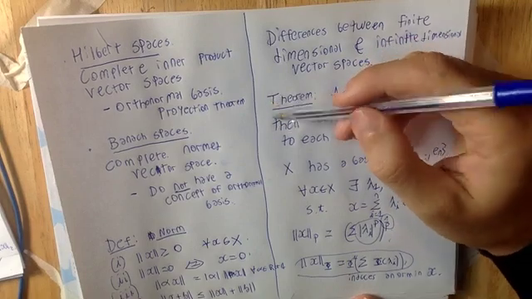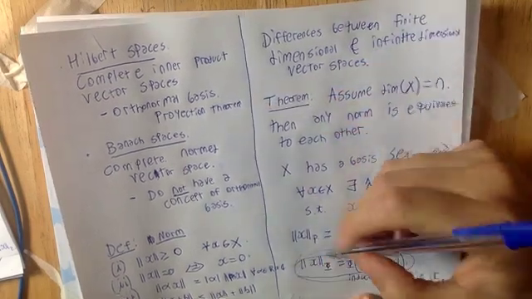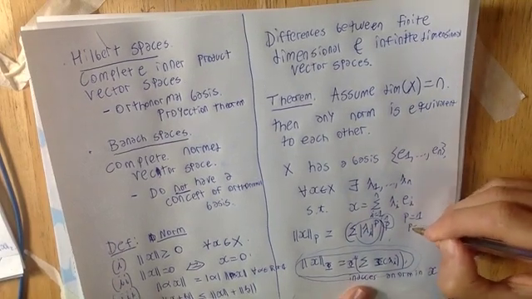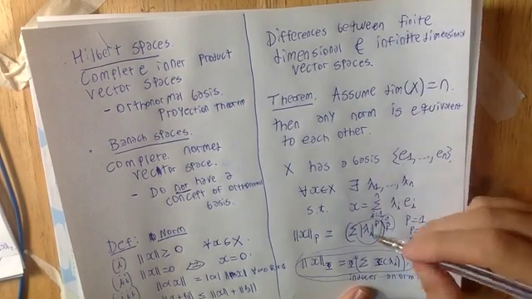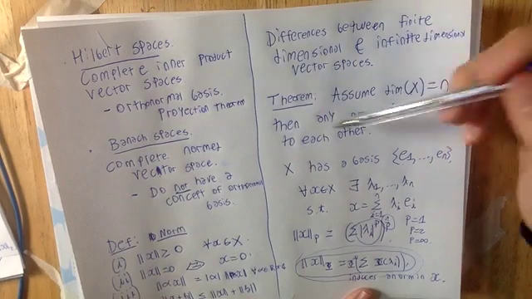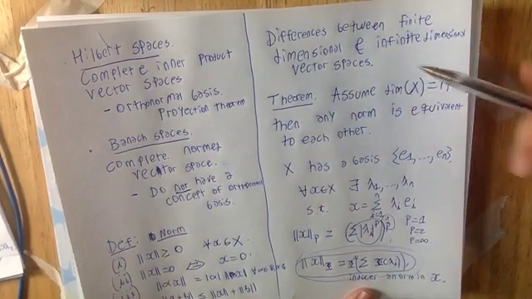But the point of this theorem is that no matter what norm you come up with, the examples here are p equals 1, p equals 2, and p equals infinity, which is the supremum of lambda i. In a previous class we talked about how you can show that all of these guys are equivalent by playing a bit with them.